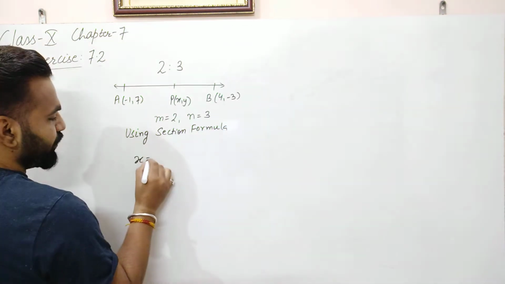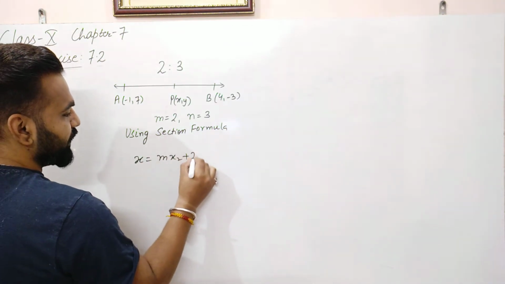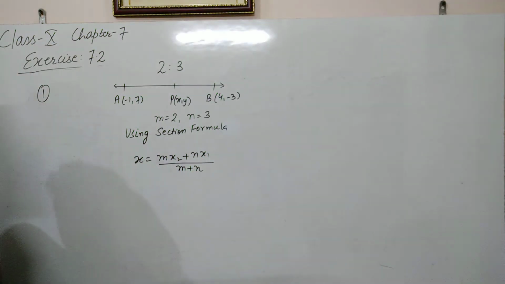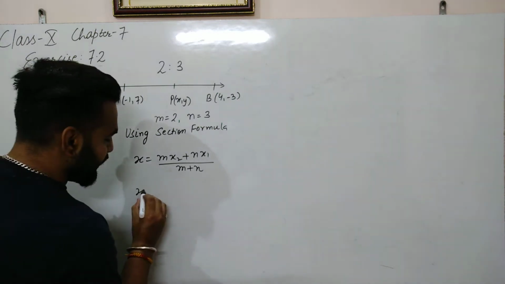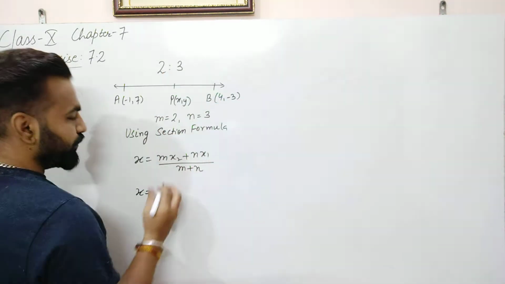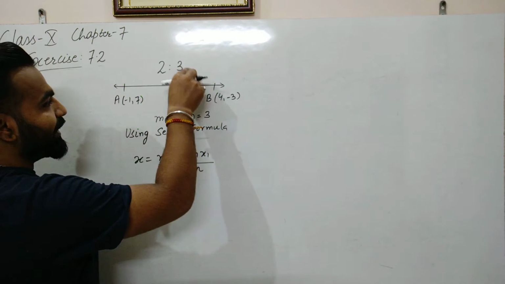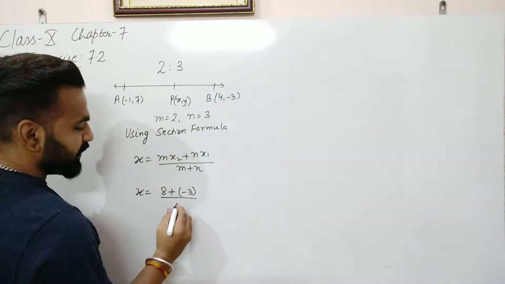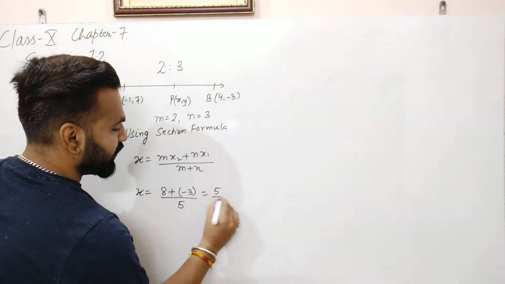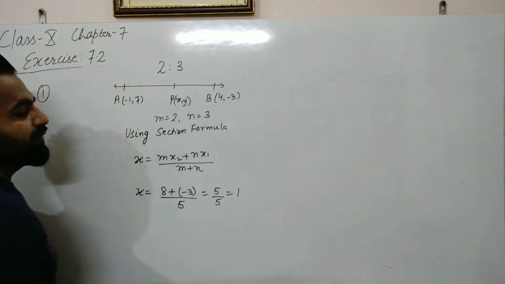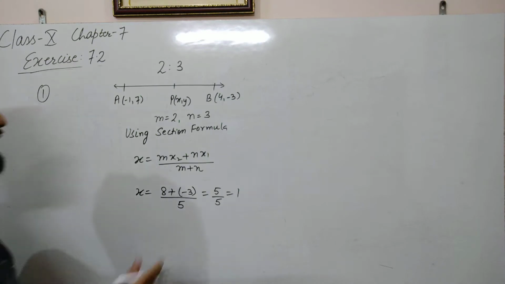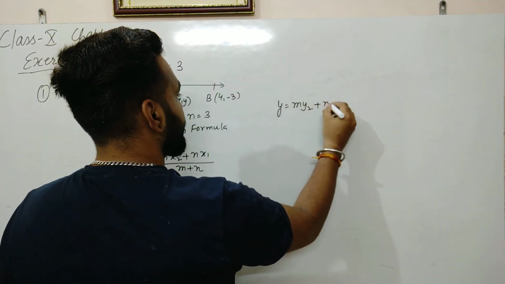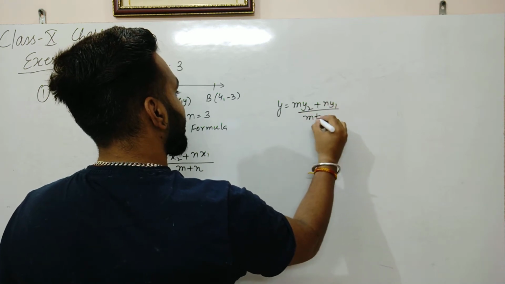x will be equal to m x2 plus n x1 upon m plus n. So put the values here. x will be equal to 2 into 4, 8, plus 3 into -1, -3, upon m plus n, 2 plus 3, 5. This will be equal to 5 by 5, that is 1. So x is 1 here. Similarly find y. y is equal to m y2 plus n y1 upon m plus n.